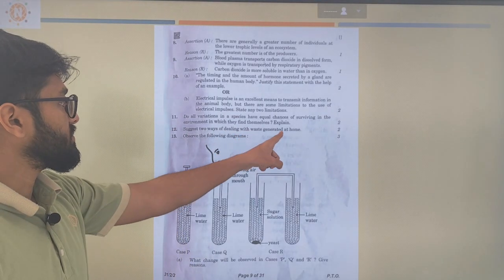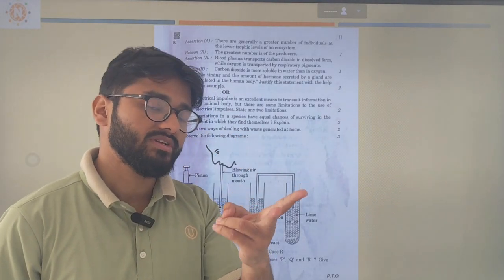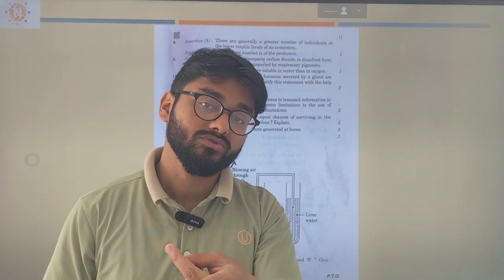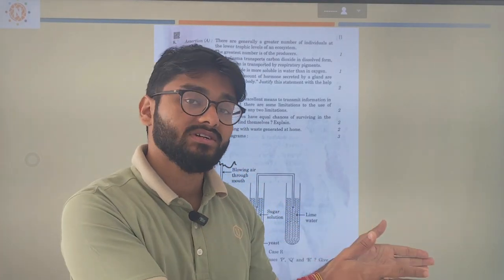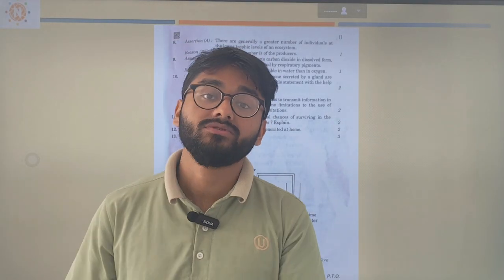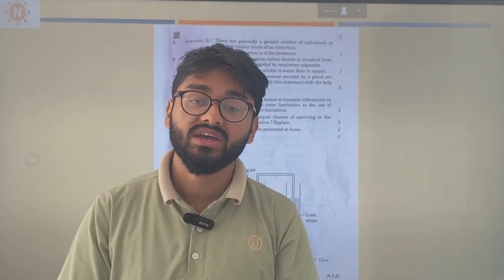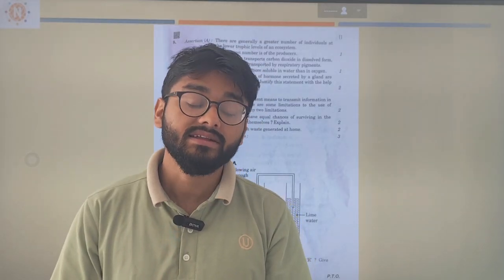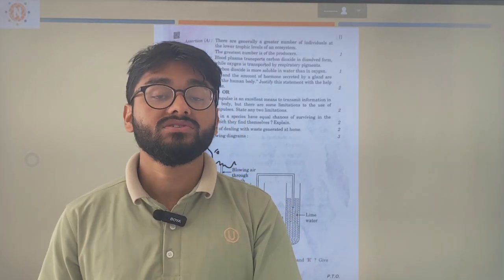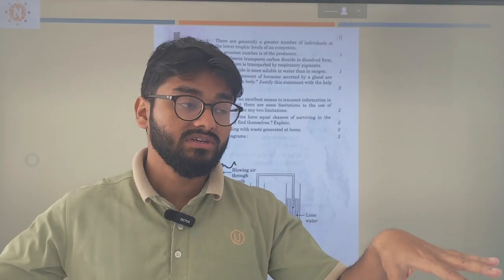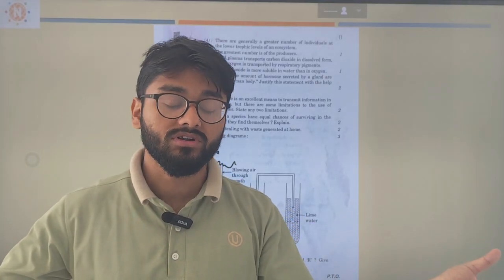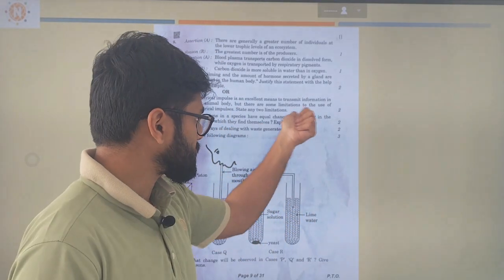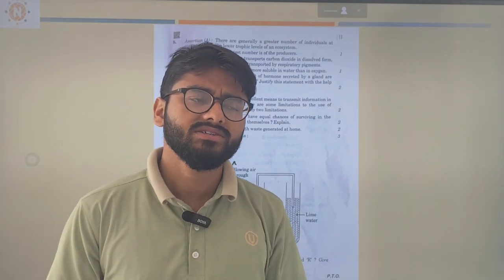Suggest 2 ways of dealing with waste generated at home. You could have written segregation and composting as 1 point, and the second point would be your 3 R's: reuse, recycle, and rebuild. These points are enough to score good marks for this. Why segregation and composting?